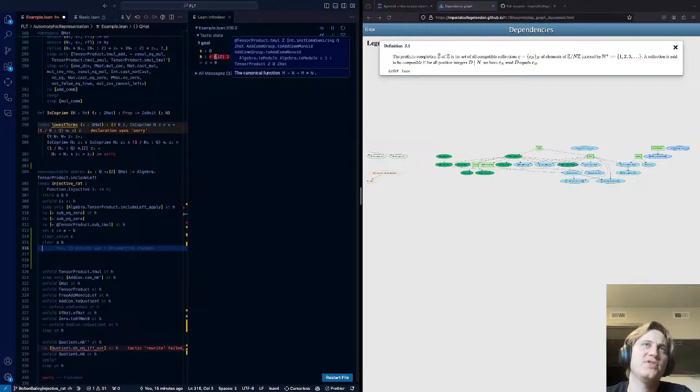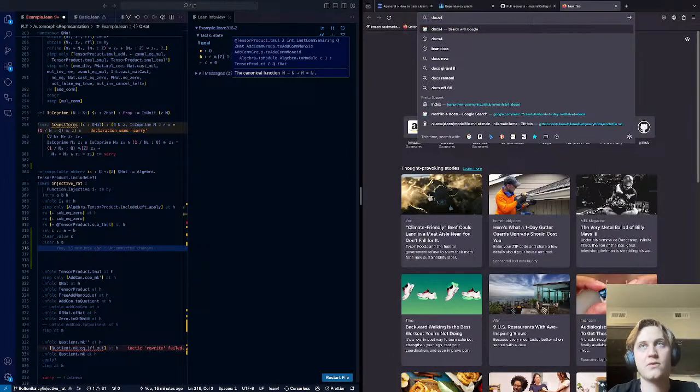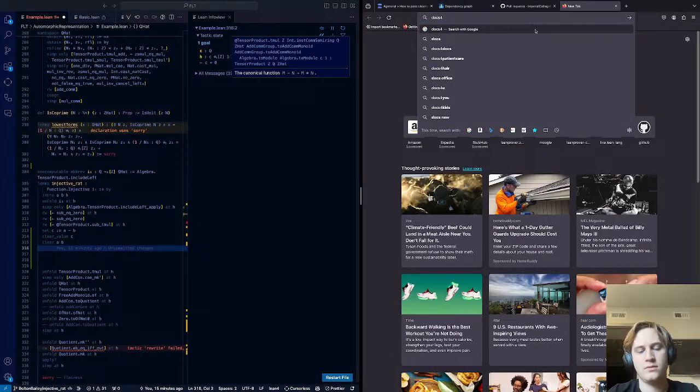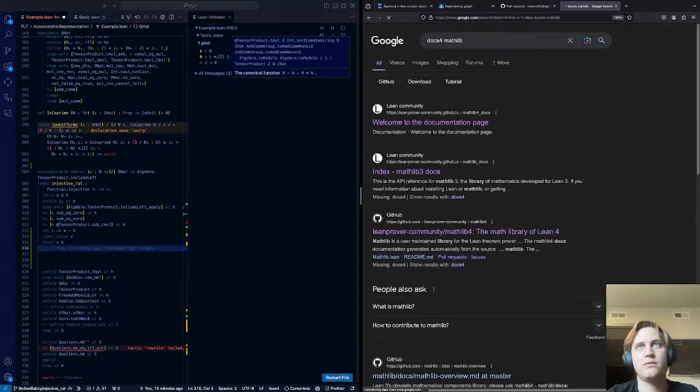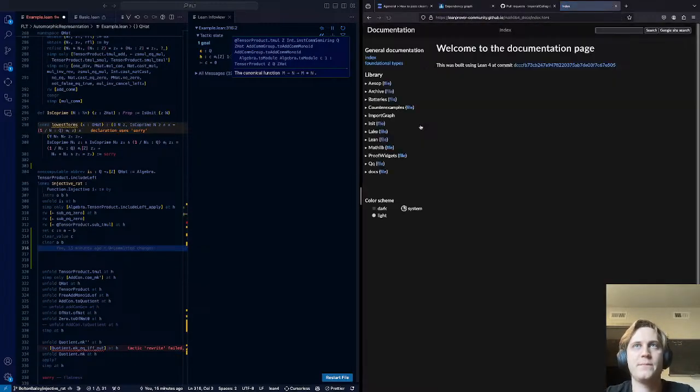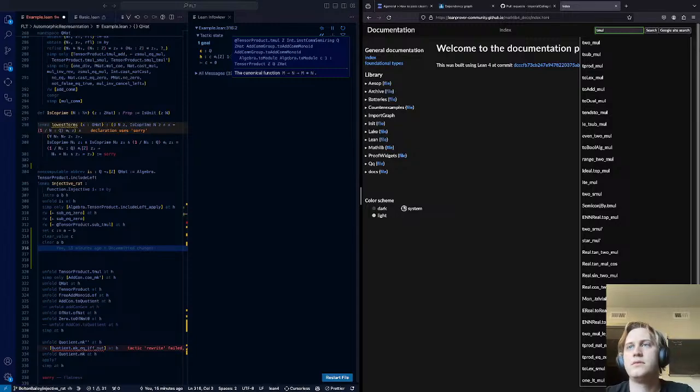The thing I would be interested in sounds like T mul ne zero. Let me open up the documentation. Docs for Mathlib. This one. Like T mul. Thing is, it doesn't even really give me T mul. Tensor product T mul.